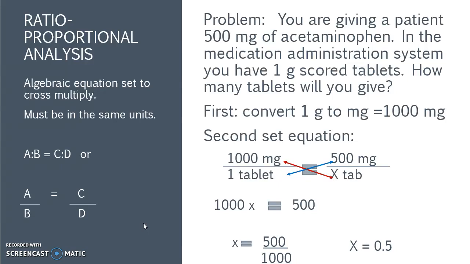That's how many tablets you need to give. When you set up this equation, the units on the top must be the same and the units on the bottom must be the same. Here you use the cross multiplication method, and you end up with 1,000x equals 500, and then you divide that out and you get x is 0.5.